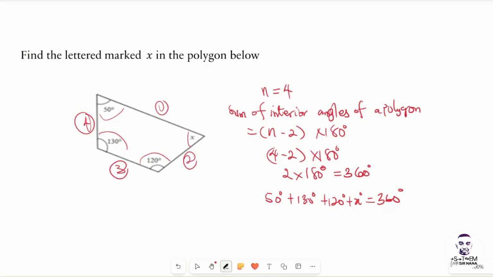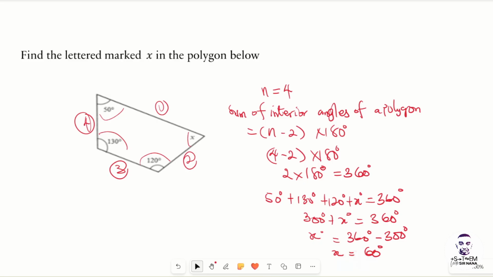So 130 plus 120 degrees will give us 250 degrees, plus 50 degrees will give us 300 degrees, plus x is equal to 360 degrees. So for our x, we are subtracting 300 from both sides. So x should be equal to 360 degrees minus 300 degrees. That implies that our x should be equal to 60 degrees.